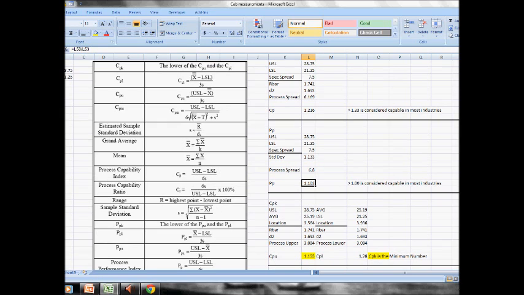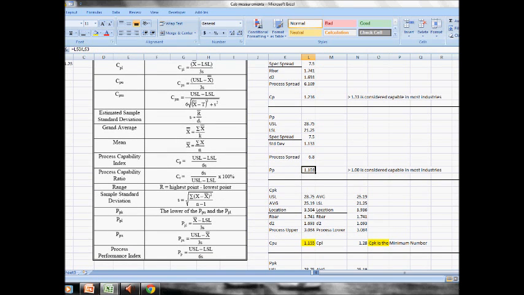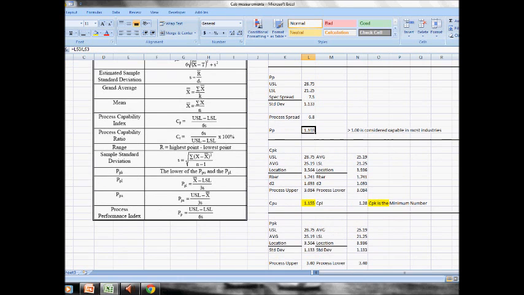So that's what this tells me. Again, similar to the CP, don't quit working on a process. There's definitely opportunity there. I would say in some industries like the medical field, they actually shoot for a CP and a PP of 2. So you can see we'd probably have a long ways to go if that was the case. So a little bit of work to do here yet.